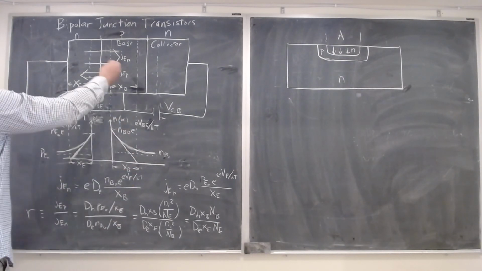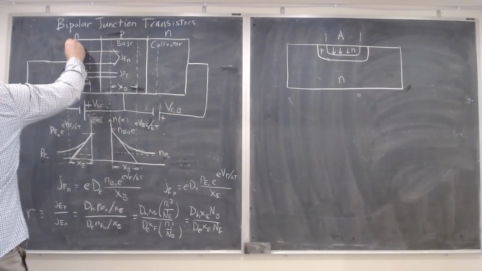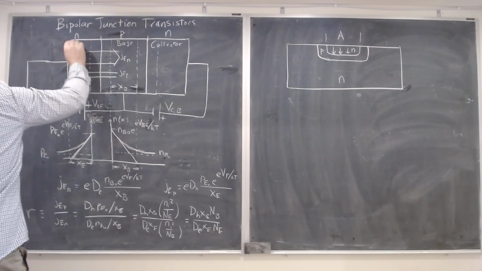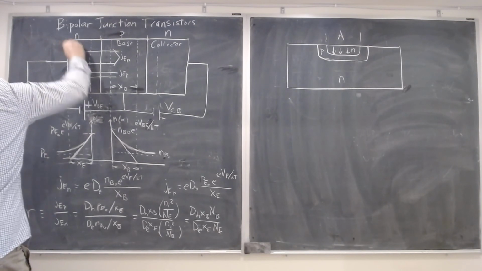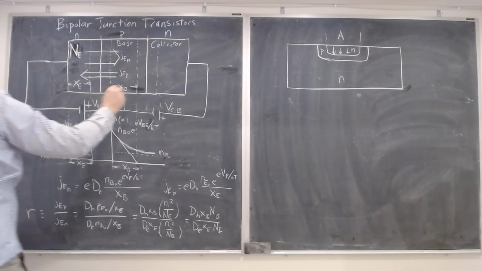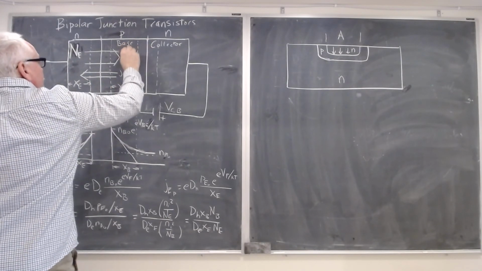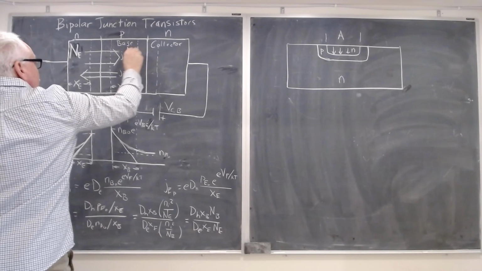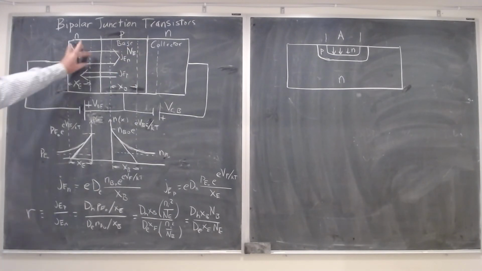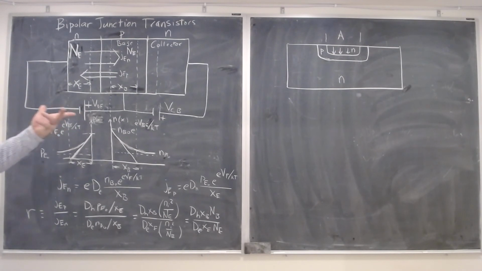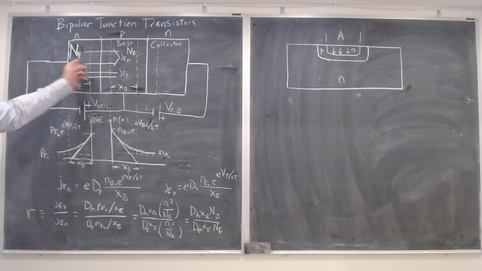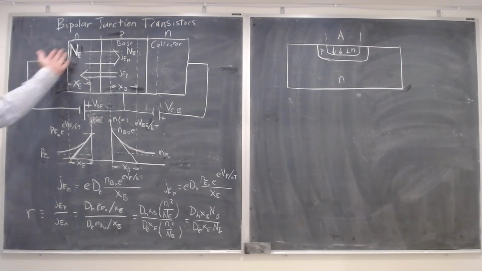And so what you see is that for this to be big, I want this to be doped really heavily with respect to this. So I want to get this arrow to be bigger than that arrow, and of course that makes perfect sense, as we discussed in our last lecture, that if I want asymmetric current flow, if I want this one to be bigger, more electrons going that way, I dope the emitter more, because then there's more electrons to start with.